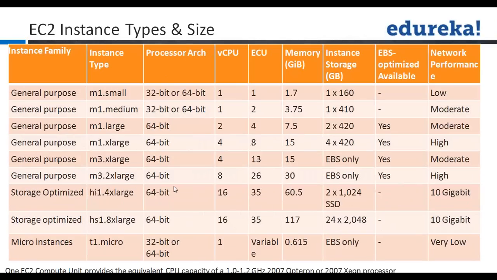Amit has a question here: can you compare the ECU with vertical and horizontal scalability or some normal server? See what happens, Amit, Amazon does not benchmark those kinds of results. Amazon just provides that one ECU equals one CPU, and that CPU is equivalent to a 1.2 gigahertz 2007 Opteron CPU.